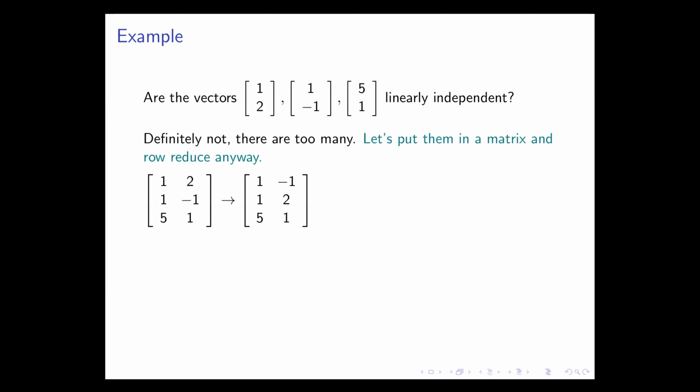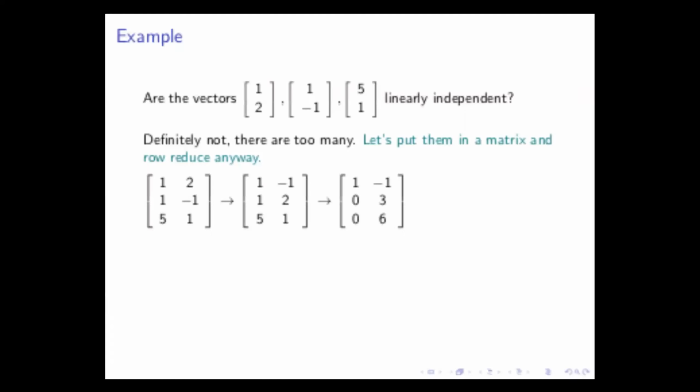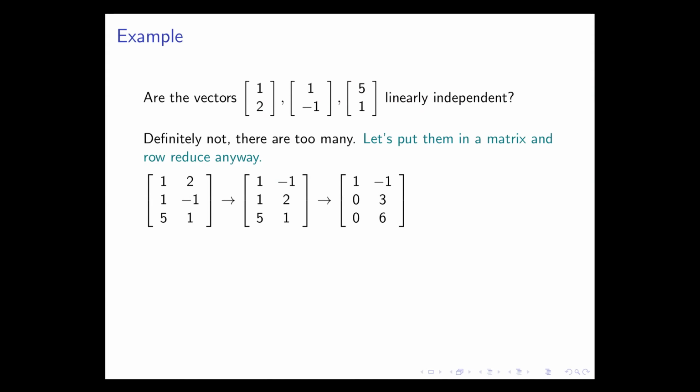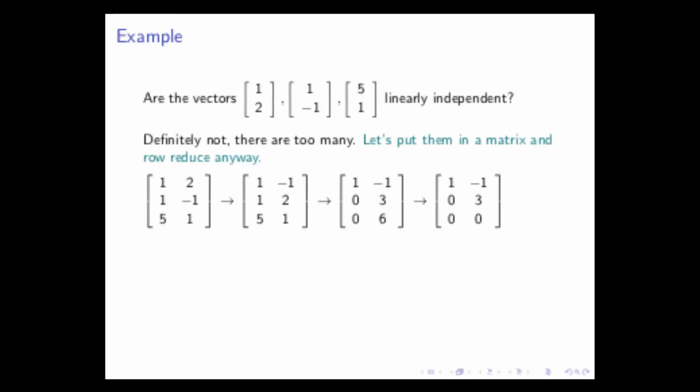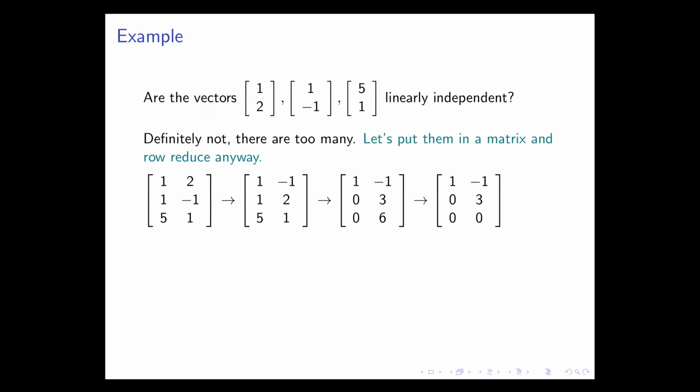Of course, the way is not unique; you don't have to do it this way, but it's one of the possibilities. Then we multiply the first row by -1 and add it to the second row, so you get 0, 3, and multiply it by -5 and add it to the third row, so you get 0, 6. And then we get rid of the last row by combining the second and the third rows.